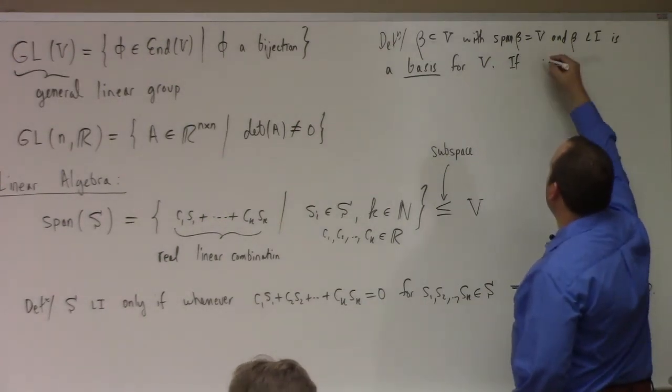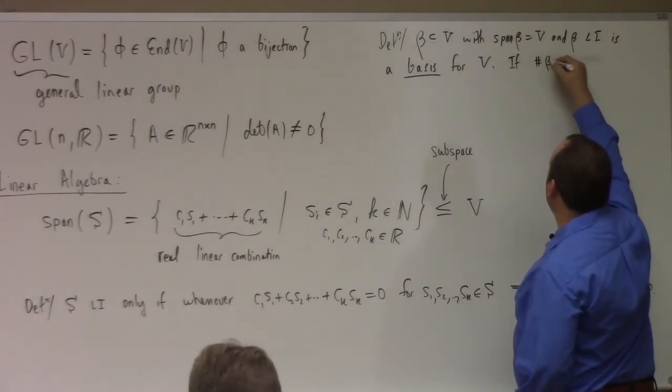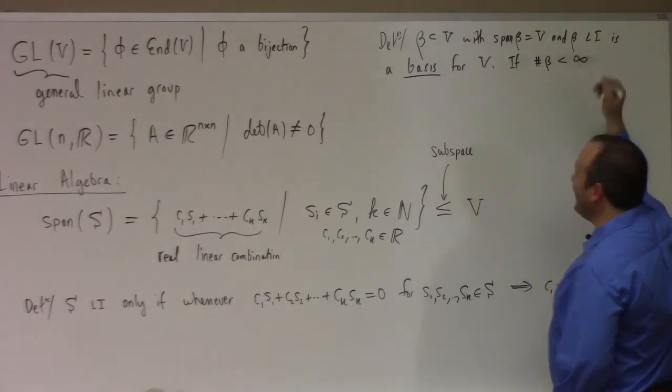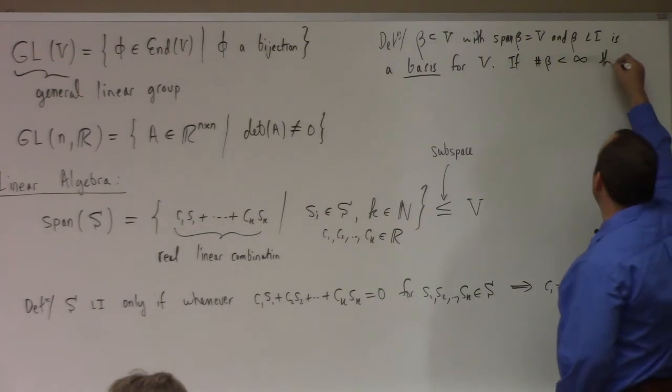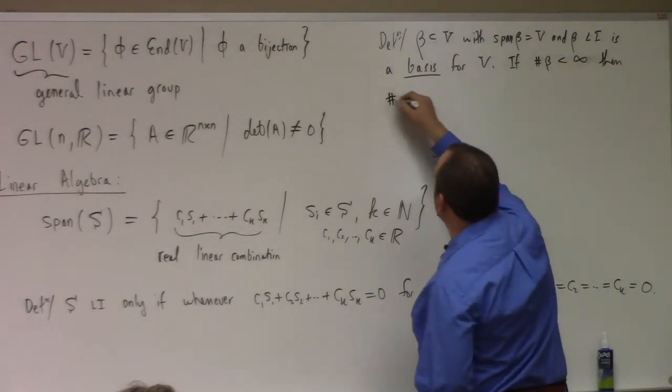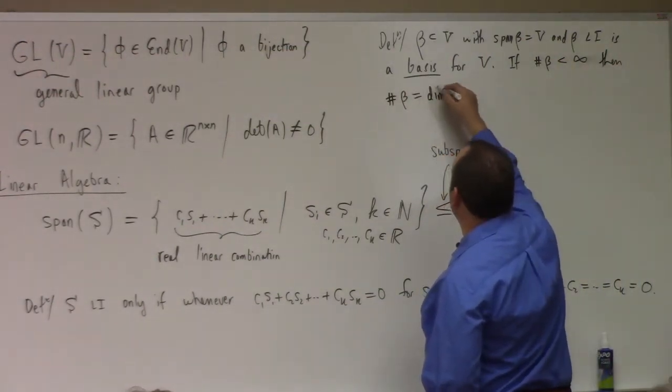So let's say the number of things in beta is less than infinity, okay? In other words, suppose you have a finite basis, then the number of things in the basis is called the dimension of V, right?